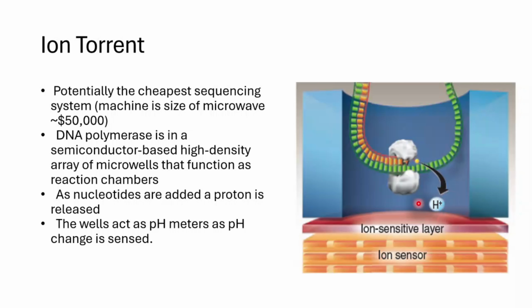So as the protons are released from the chain synthesis, they will create a signal, and that signal is integrated as pH. Now, how do you separate the different nucleotides? Well, you will be adding them at different times. So you add an A, and if there is an increase in pH, that tells you it was incorporated.